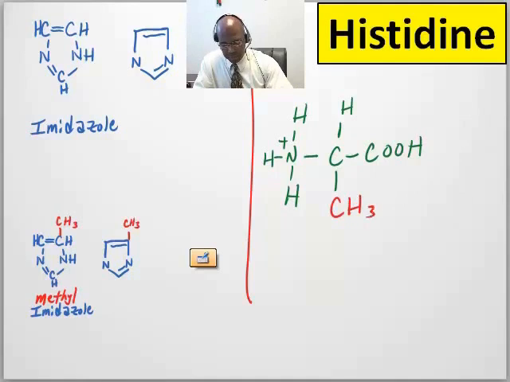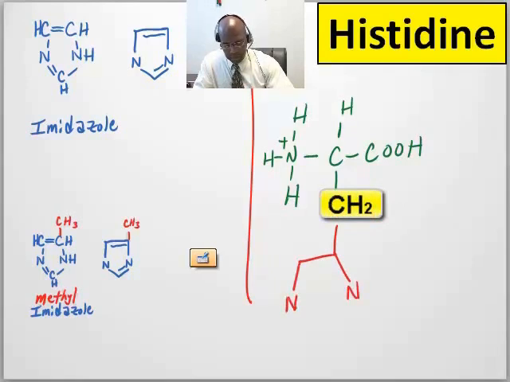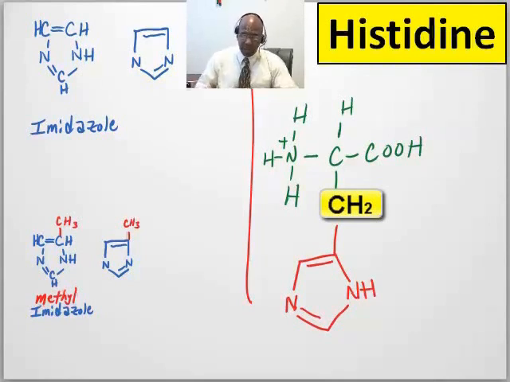CH3, N. I'm going to put my double bond in the same place as before, my H here. So methyl imidazole. And so this is our amino acid histidine.